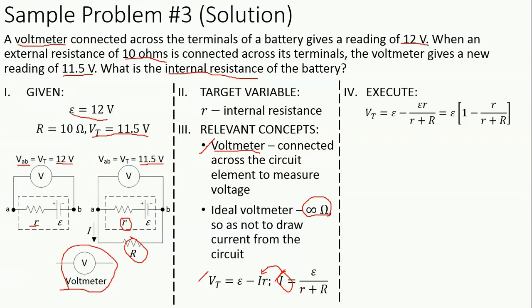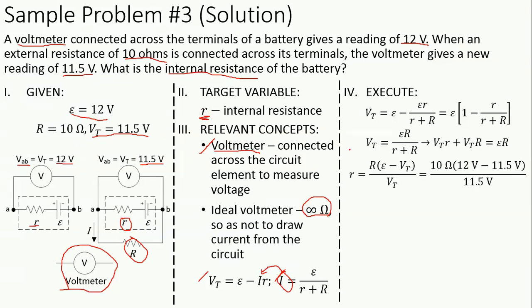Therefore, we substitute the second equation into the first equation. And then we perform algebraic manipulations to obtain a symbolic expression for small r in terms of the other quantities. As a result, we obtain this expression for small r.